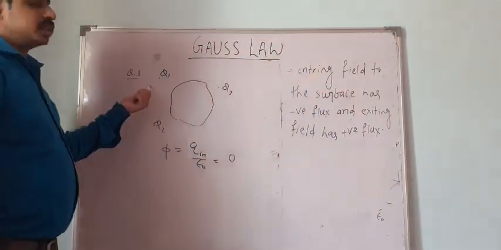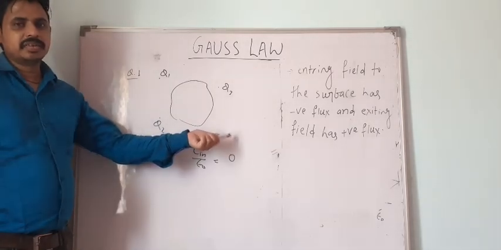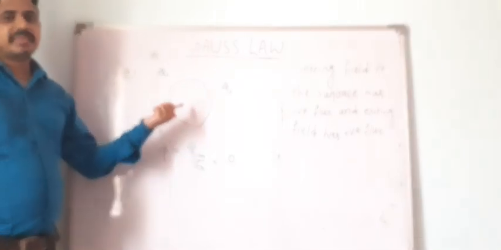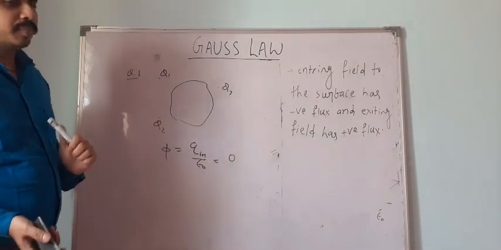So if the charge is outside, it has to enter as well as to exit. At the time of entering, it will have negative flux. At the time of exiting, it will have positive flux. And so negative and positive cancel out.